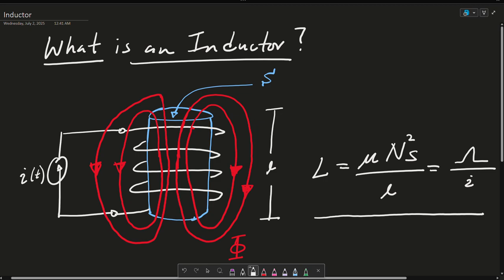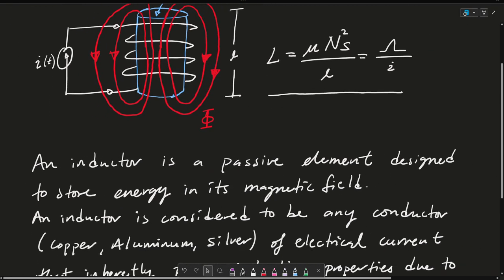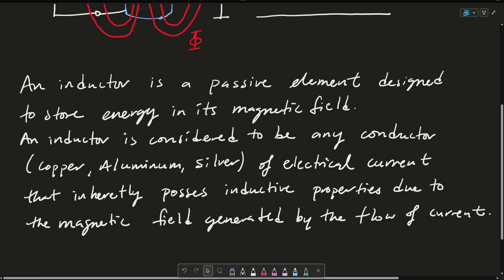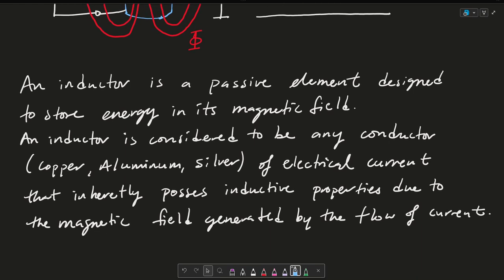And just like all my other videos, I like to first start off by defining an inductor. This definition says that an inductor is a passive element designed to store energy in its magnetic field. An inductor is considered to be any conductor of electrical current, which can be copper, aluminum, or silver, that inherently possesses inductive property due to the magnetic field generated by the flow of current.